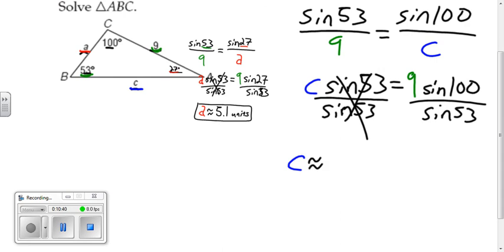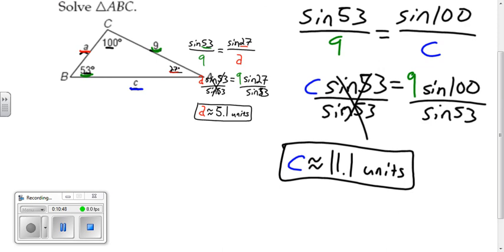And on my calculator, that's coming out to approximately 11.1 units. So we have all three angles. We have all three legs. A was 5.1 and C was approximately 11.1. So using the law of sines, we solved for that entire triangle.